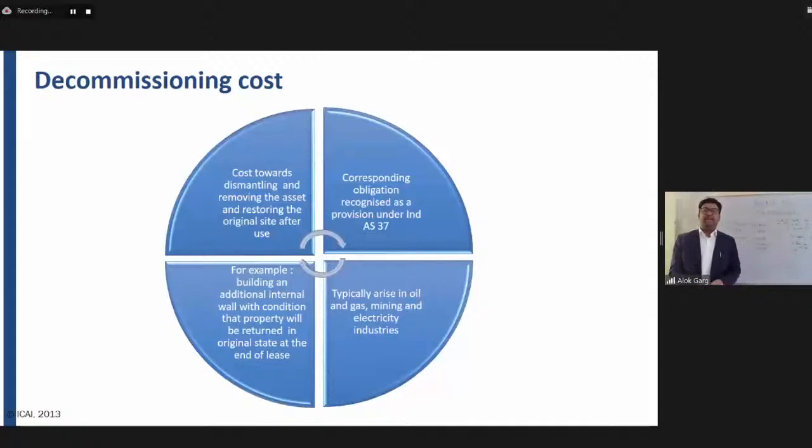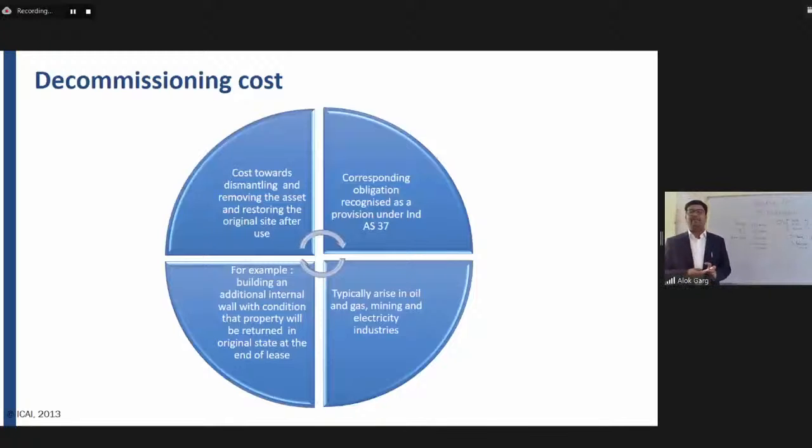Decommissioning cost, I have explained to you that it is the cost towards dismantling and removing the asset and restoring the original site after use. The corresponding obligation is recognized as a provision under Ind AS 37, which talks about provisions, contingent liabilities and contingent assets. Typically it arises in oil and gas, mining, electricity and infrastructure industries.